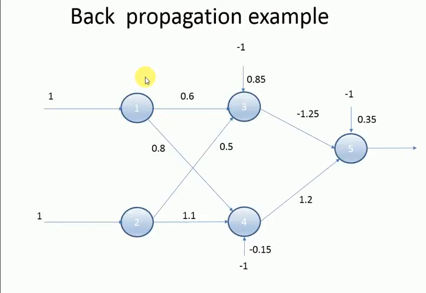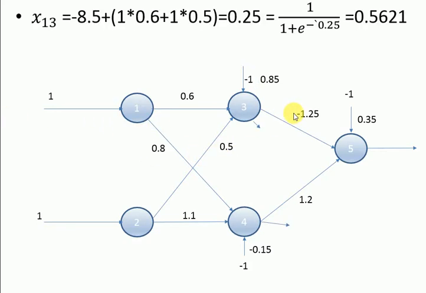So let us consider the back propagation example and calculate the values. Here the values for unit 3 are calculated by the sigma value: minus 1 into 0.85, 1 into 0.6, 1 into 0.5, so the value of it is equal to 0.25.